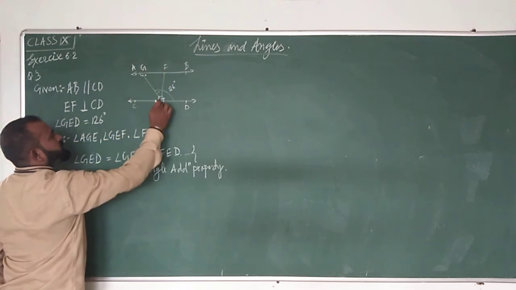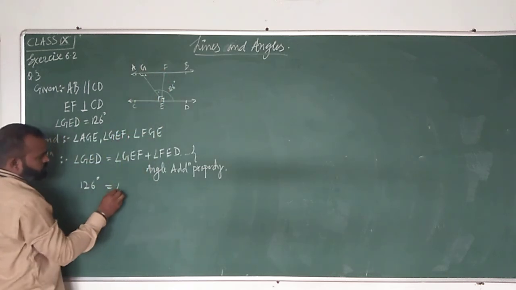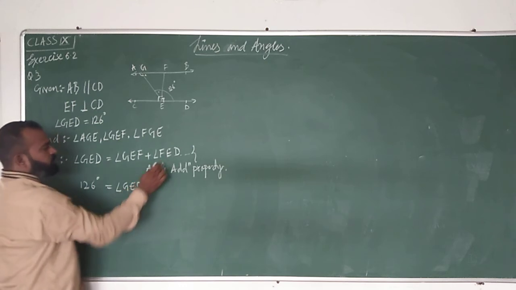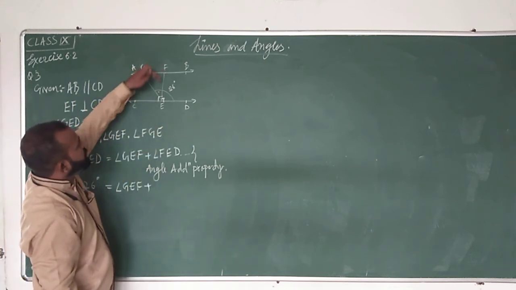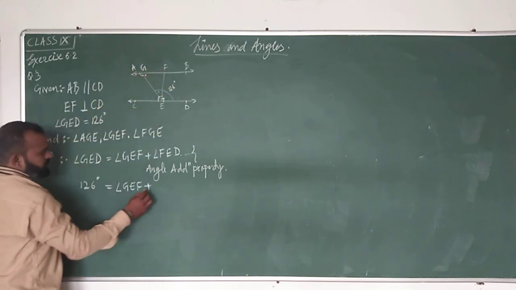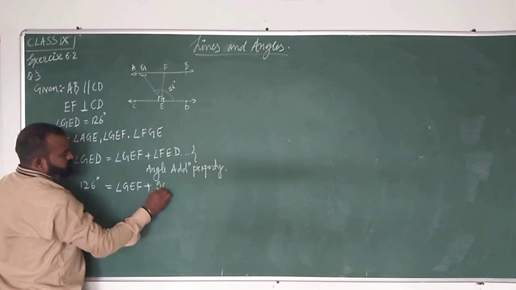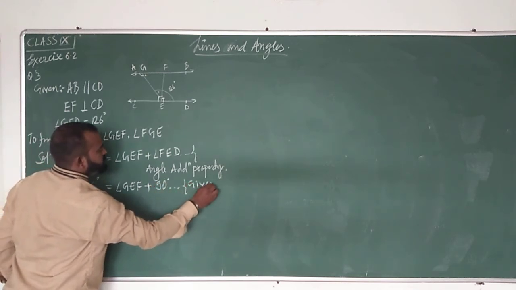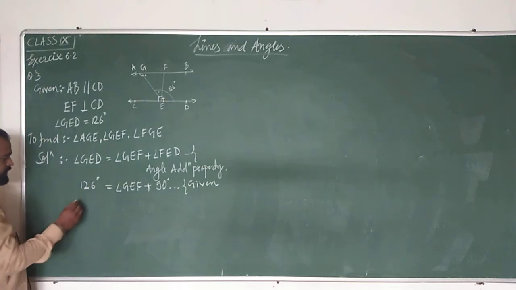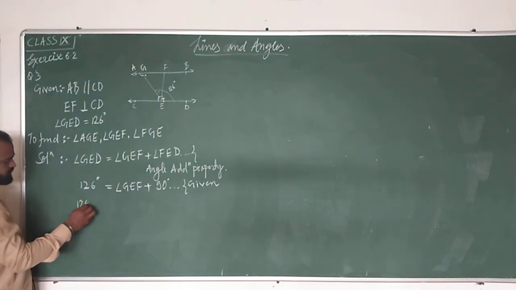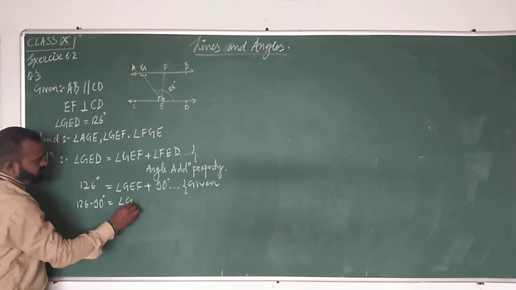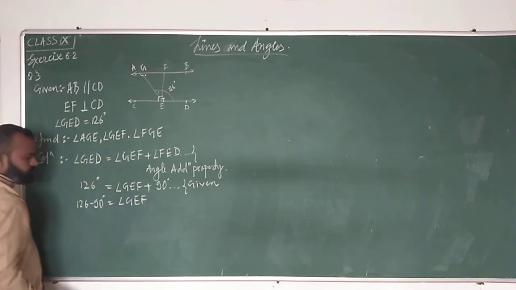GEF we don't know, so angle GEF as it is, plus FED. FED is 90 degrees, given. All these things were given to us. Bring the 90 to this side: 126 minus 90 degrees equals angle GEF.